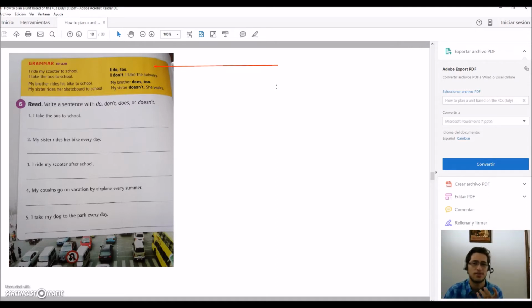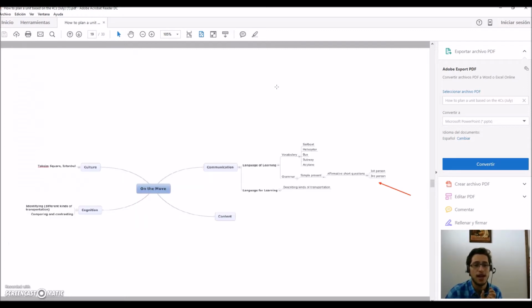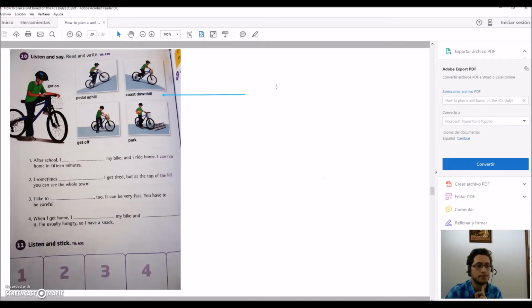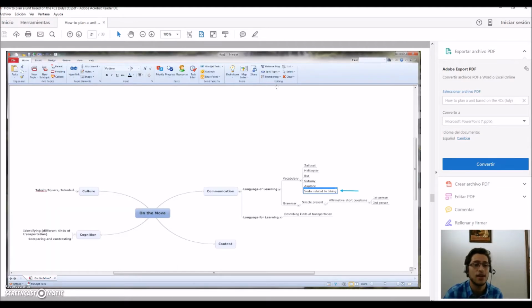And that's structure, that's grammar, that's little pieces of language. That's language of learning. Okay, I also found some more vocabulary, and it's related to biking. So I also put it in its appropriate category, and that's language of learning as well.